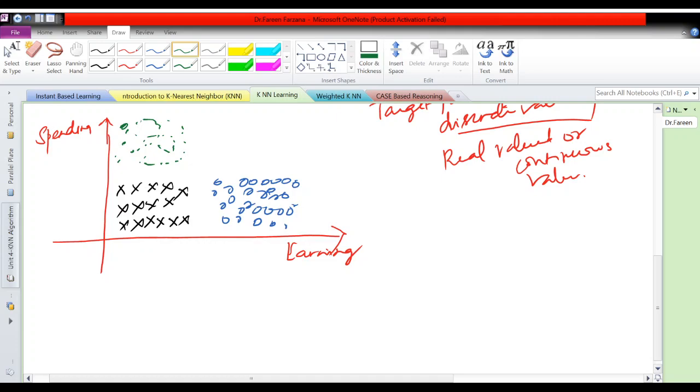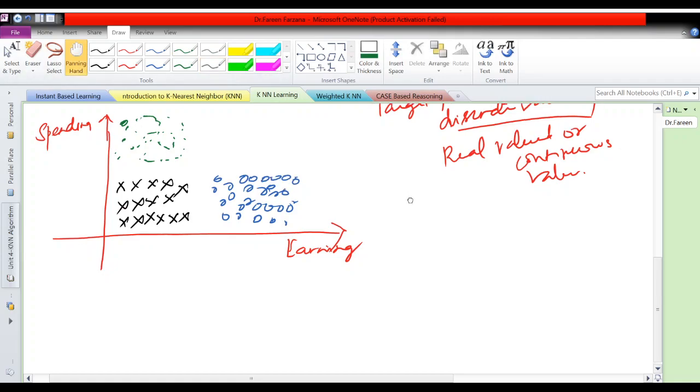And I'm going to take the fourth one as more earning and more spending, which I take as a star. So now I have 4 groups.